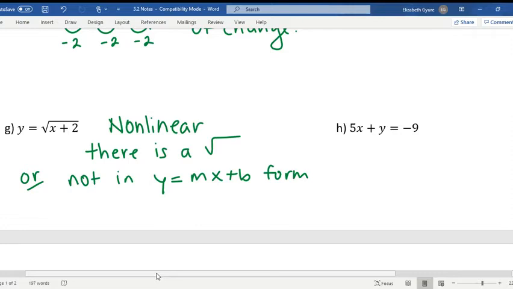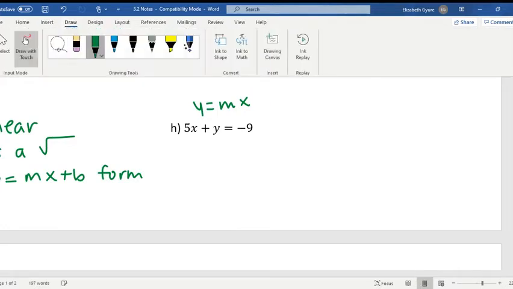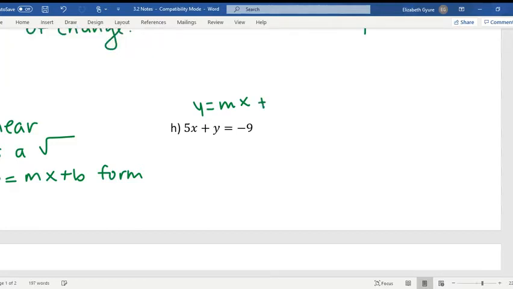Do you guys remember when we did our 2-column method to rearrange our equations? If you look at this problem, we could actually turn this into y equals mx plus b form. If you take a look, the 5x is just on the wrong side here. If we did our literal equation, remember, you can put your line down through your equal sign.